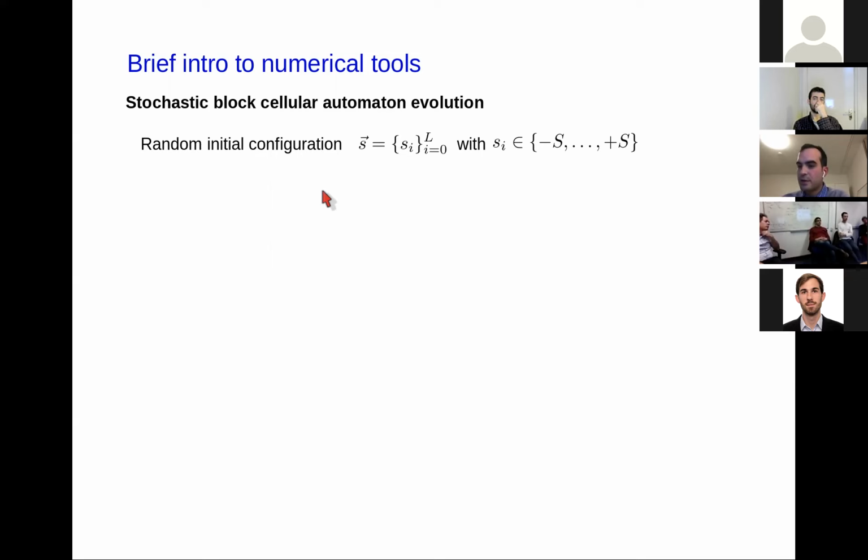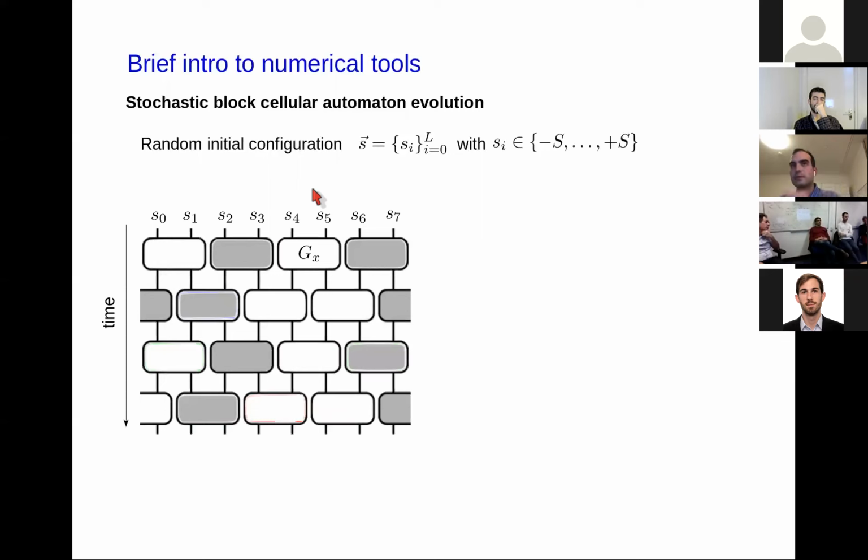Once we have our initial configuration, we will apply a subsequent application of layers formed by adjacent local gates, which in this particular case are going to act on 2 neighboring sites, but in principle, they could act on 3, 4, or some other local nearby region. Basically, what we will study is the evolution of certain quantities along this time evolution.